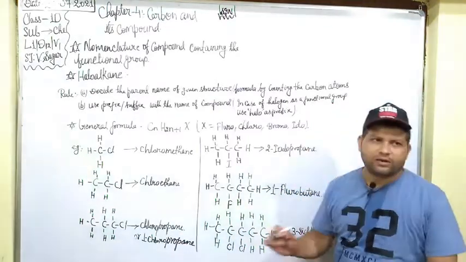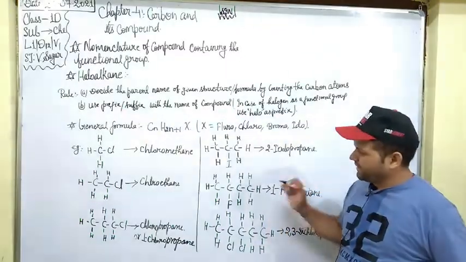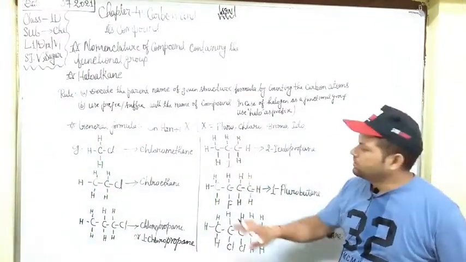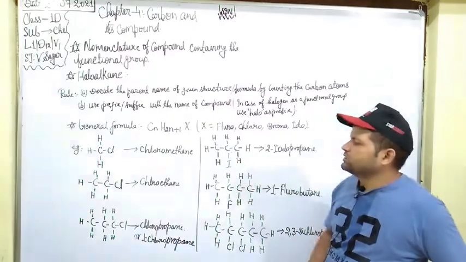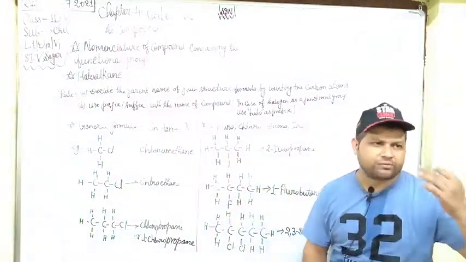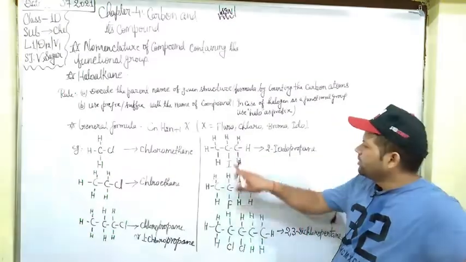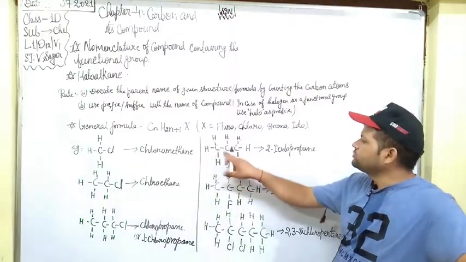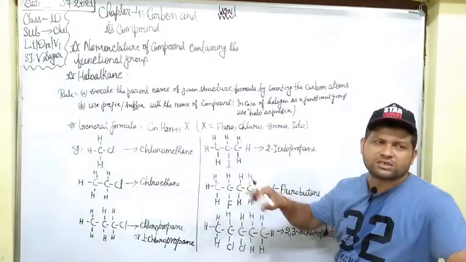Now let us look at some special names. As I have moved the functional group from this position to this position, count the positions as I explained in the earlier video: 1, 2, 3. So this functional group is present on the second position.